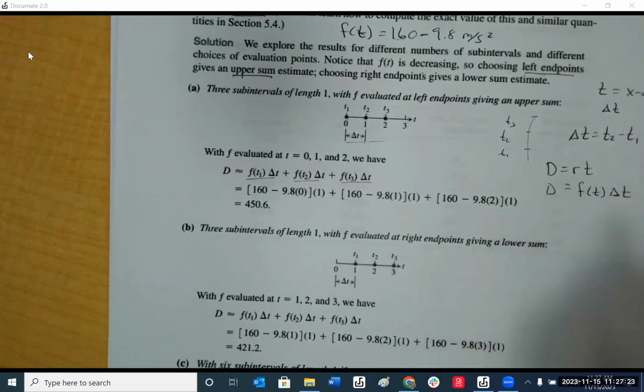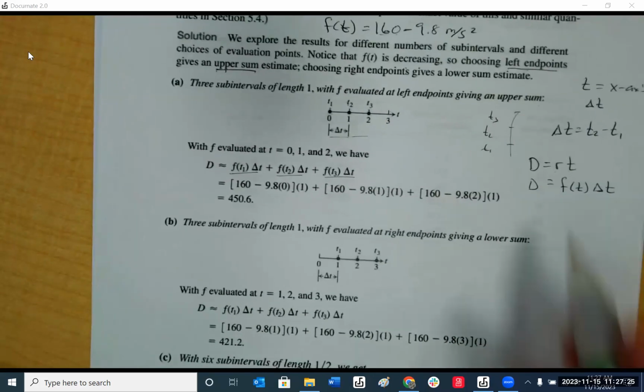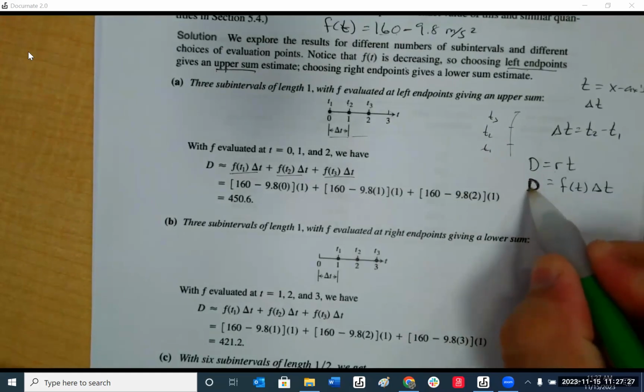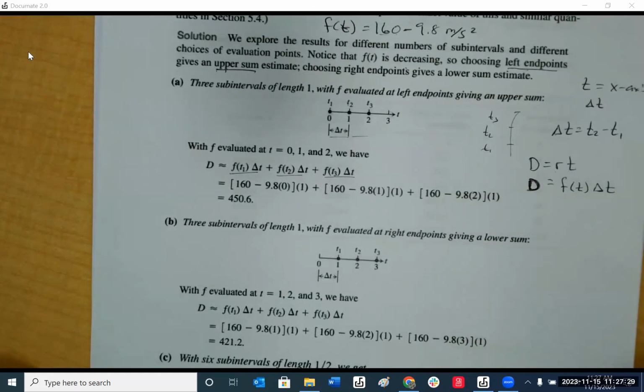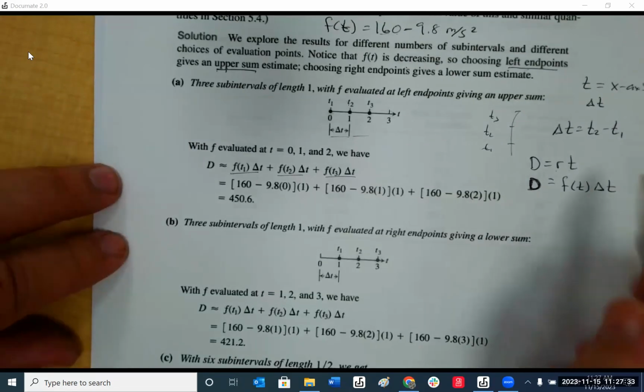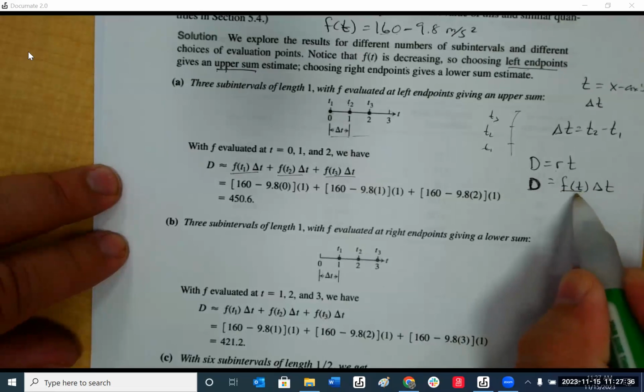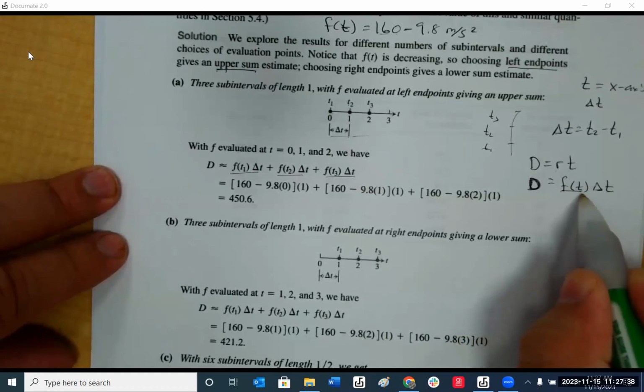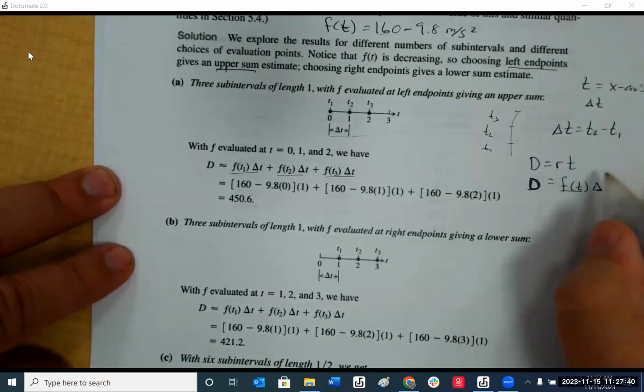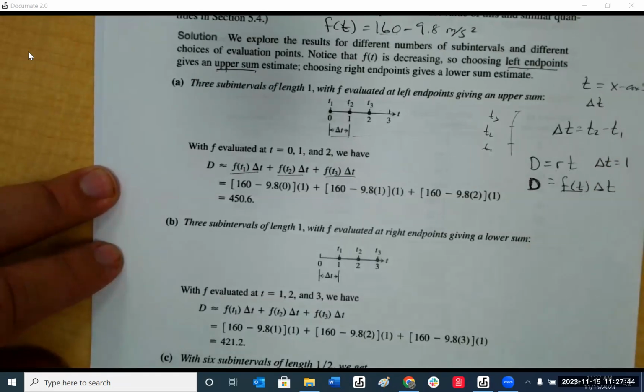That's the distance. So for each one of these time intervals, we know our delta t is 1, because we go from 1 second to 2 seconds to 3 seconds. The difference is 1 second.